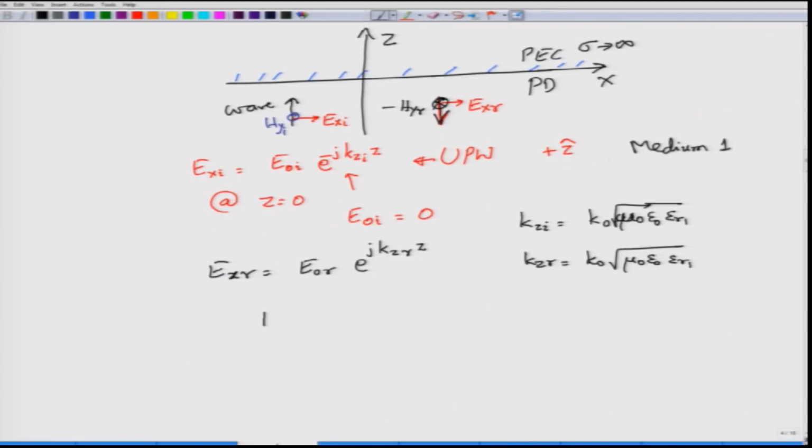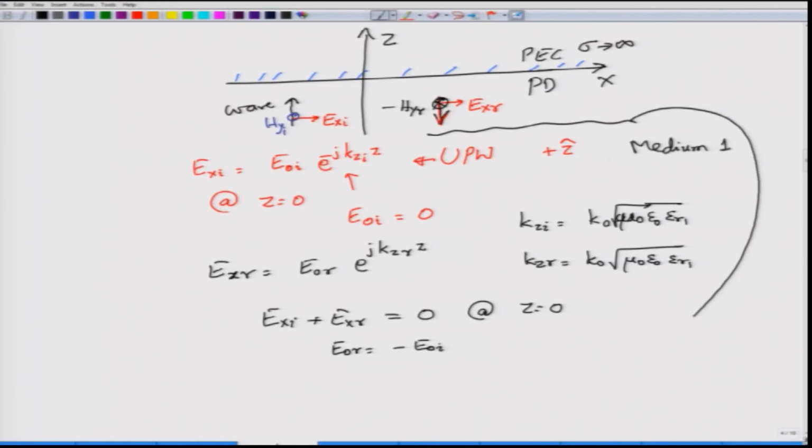So, now the total condition that I actually have is that E_xI plus E_xR must be equal to 0 at the interface z equal to 0, which clearly gives me E_0R equals minus E_0I. So, if you are at some particular distance and look at the total electric field, the total electric field in medium 1 will be equal to minus 2j E_0I, let us say, times sine of k_z times z, where k_z is a simple notation for representing both k_zI and k_zR.